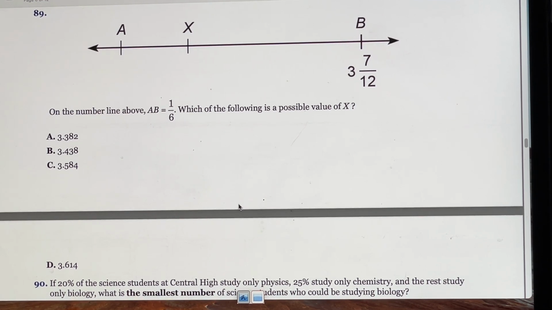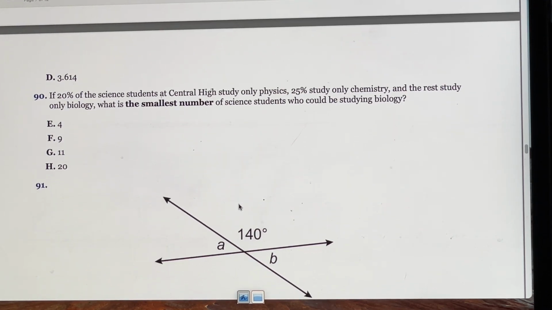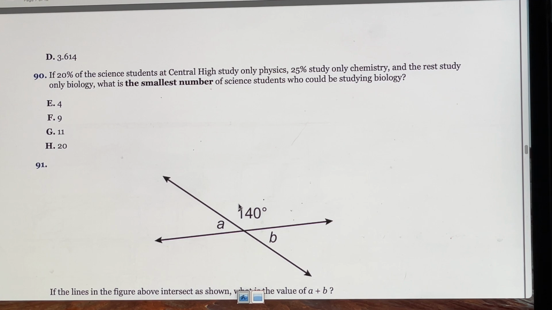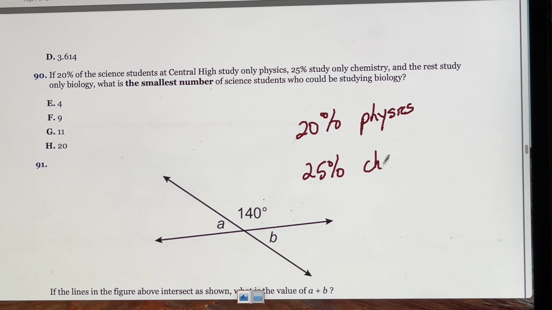Number 90. So 20% of the kids, if 20% is only science, physics, 25% chemistry, and the rest, which is 20, 40, 55%, only biology.